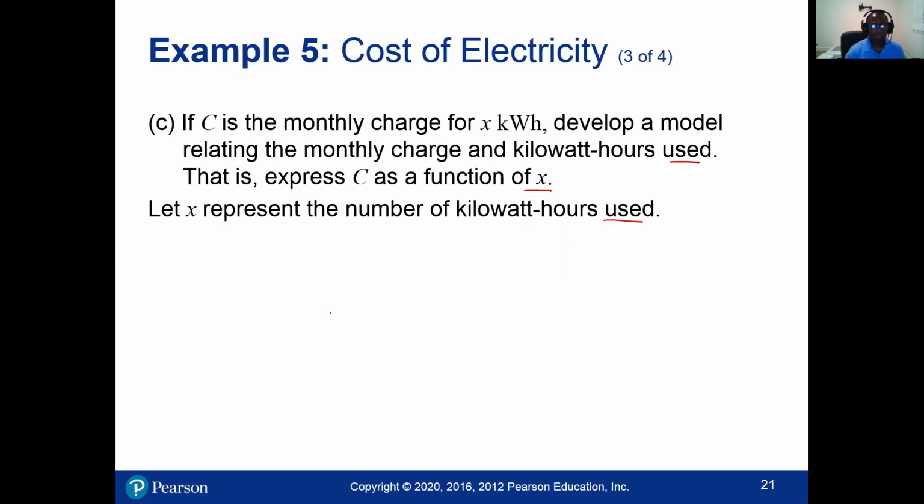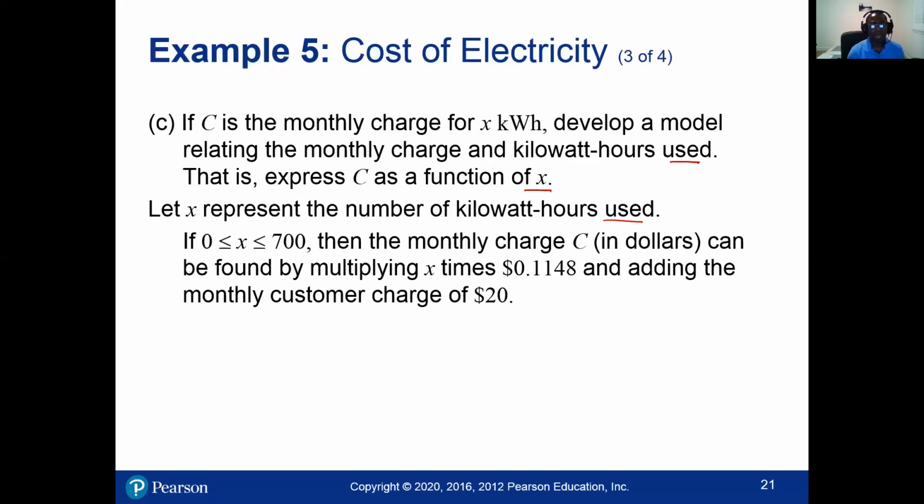Now there are two parts. If you use between 0 and 700, then your monthly charge is given by $20 plus the rate times the usage.